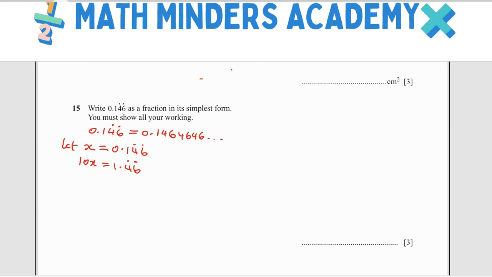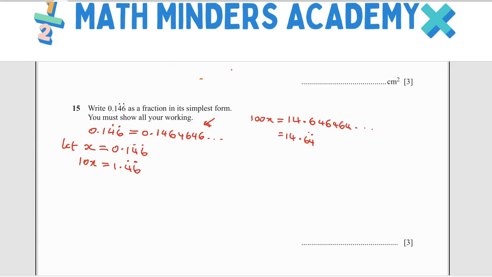Now, if I multiply this decimal number by 100, I'm going to obtain 14.6464, and so on, which is 14.64... And now, this is not what we want. We want a situation whereby the decimal part will still have the same 2 recurring digits and not 64.